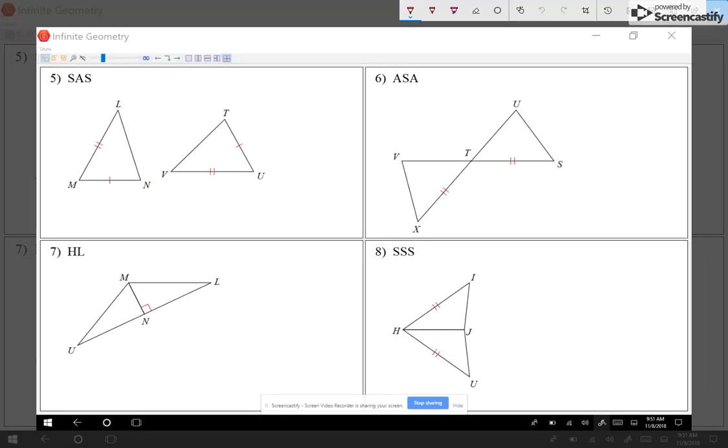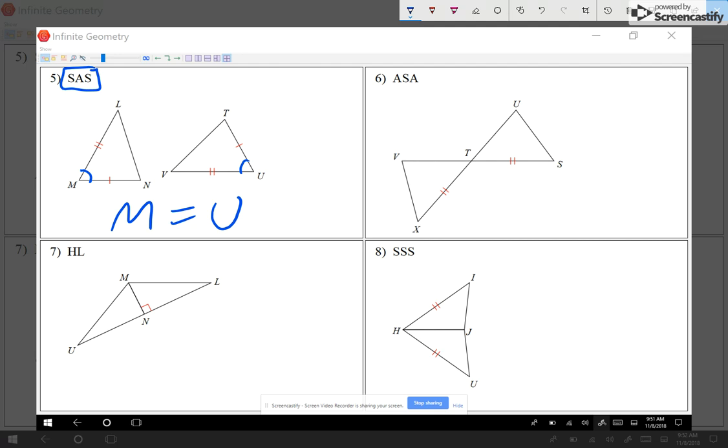I'm asking which one is not given. So looking at number 5, I see 2 sides given, but I want 2 sides and the angle in between. So the one angle we're missing is this angle and this angle. So I'm going to say angle M is equal to angle U. The sides were given, so you're missing the angle.